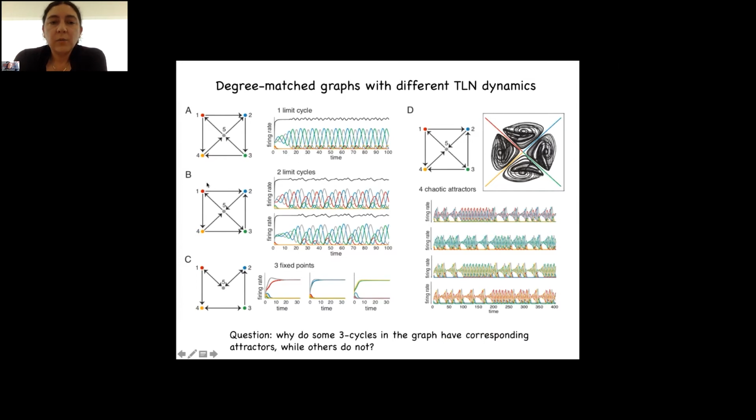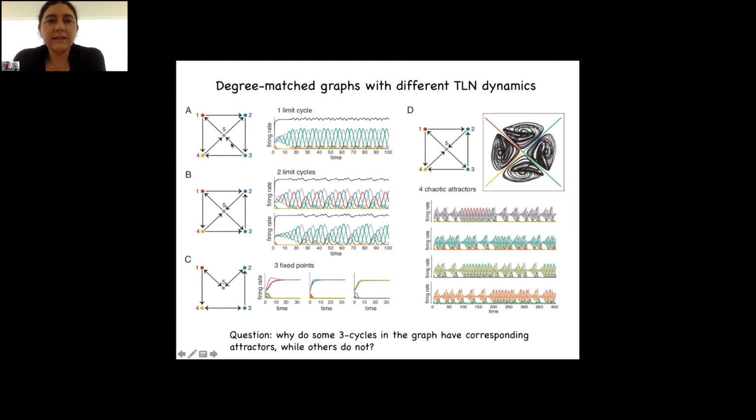So one interesting thing that you learn right away when you study these networks is that the dynamics are really shaped by the global structure of the graph. So in other words, you cannot predict the pattern of activity by looking just at the degree sequence. So this is a series of 4 graphs that all have matched degree sequence in the following sense. Every neuron has an in degree and an out degree.